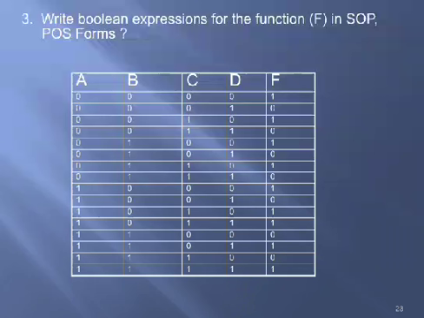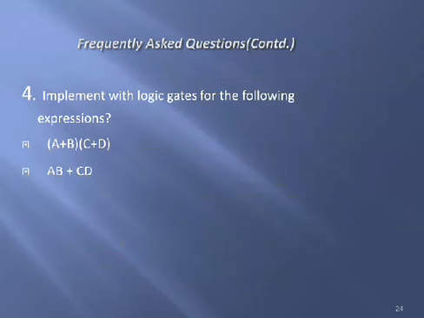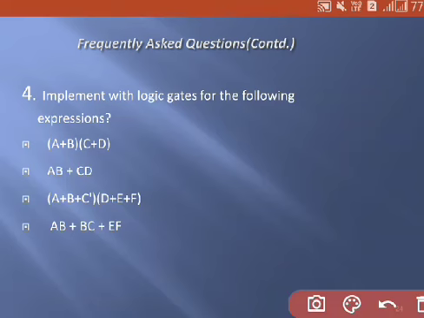Implement with logic gates for the following expressions. Again, (a plus b) into (c plus d). All these functions are there. So if you consider the first one, (a plus b) into (c plus d), that you can realize with the help of OR AND realization, because a plus b should be ORed and c plus d should be ORed.